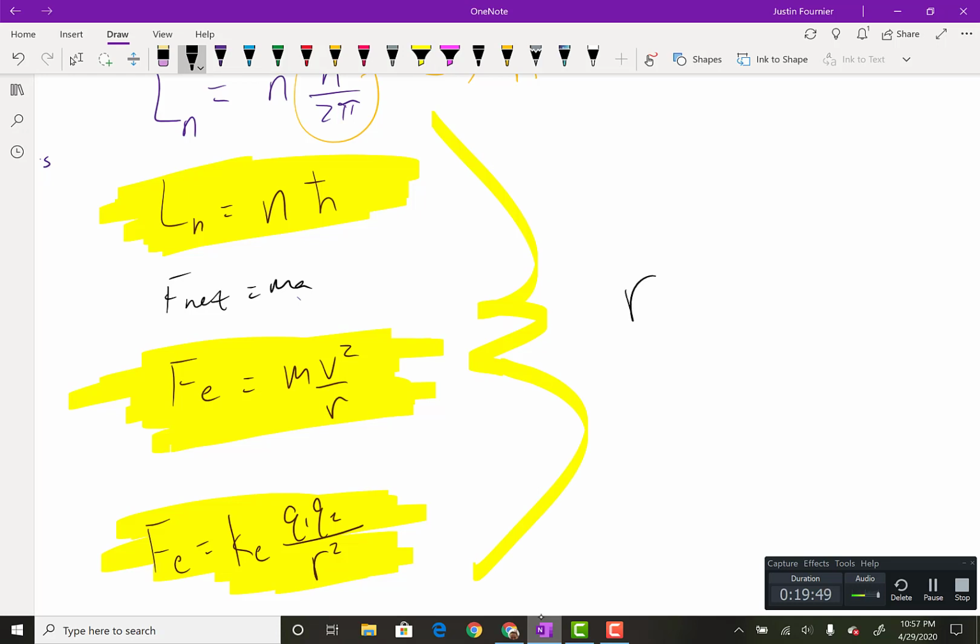We do r sub n. Any of these r's, when you start to quantize them, so if the other side of the equation involves this n value, we use r sub n.